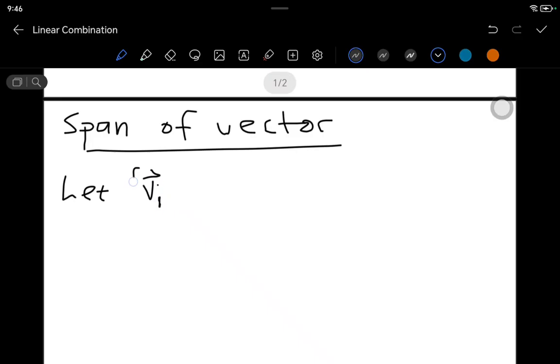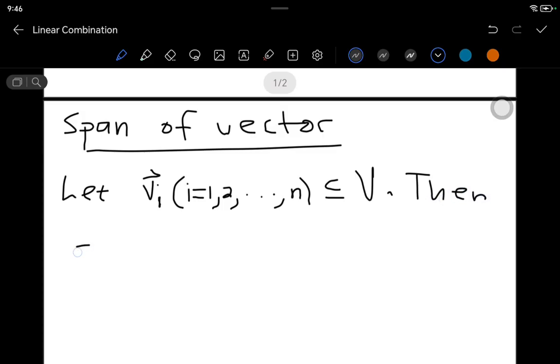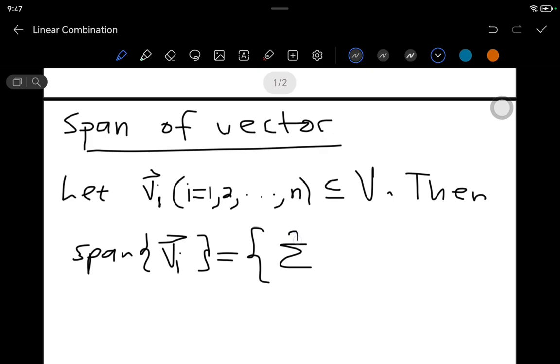If we let some collection of Vi, let me say i equals 1, 2, so that we don't confuse this, which is a subset of V, then the span of those Vi will be equal to, remember, i moves from 1 up until n.